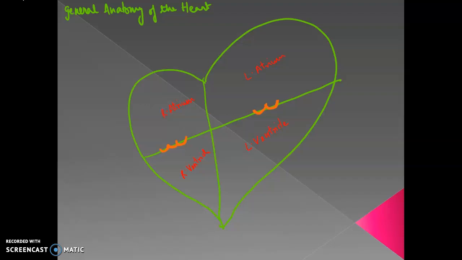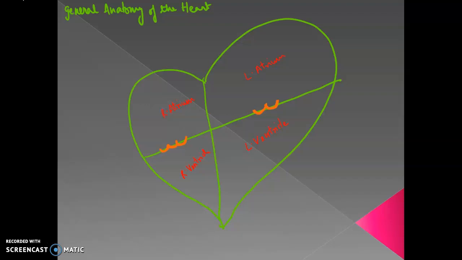Know that the right side of the heart pumps blood to the lungs. Okay, right side is pumping blood to the lungs. Now, if you really think, how far are the lungs from the heart? Not too far away, right? Therefore, the right side doesn't have to push blood through a long distance to transport it to the lungs.